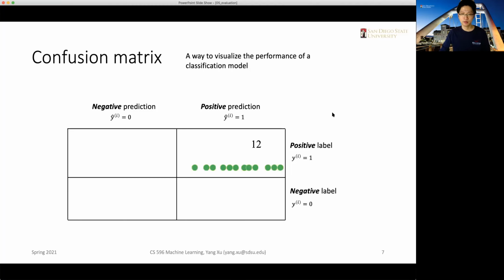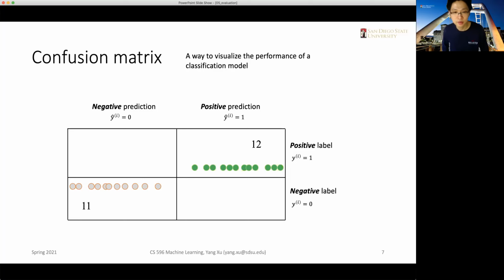For instance, there are 12 data points that are actually positive, and they also have positive predictions. In this third region, we have 11 negative data points that are predicted to be negative.